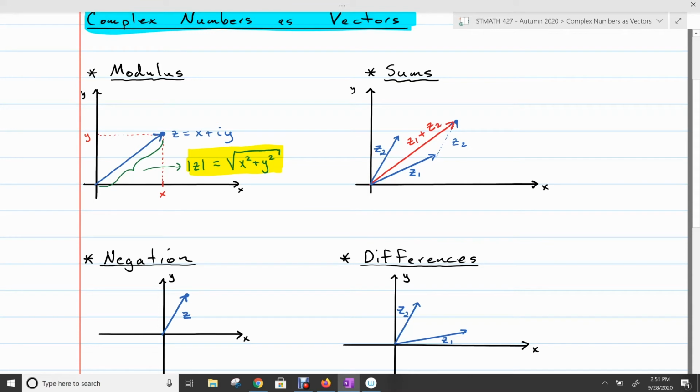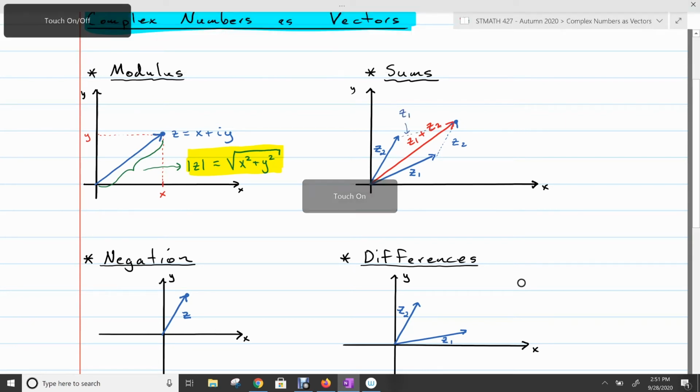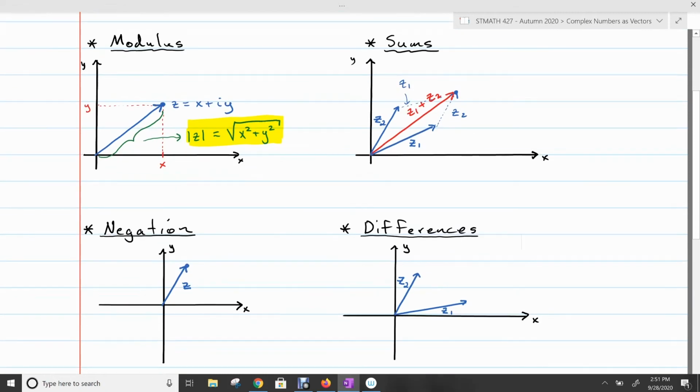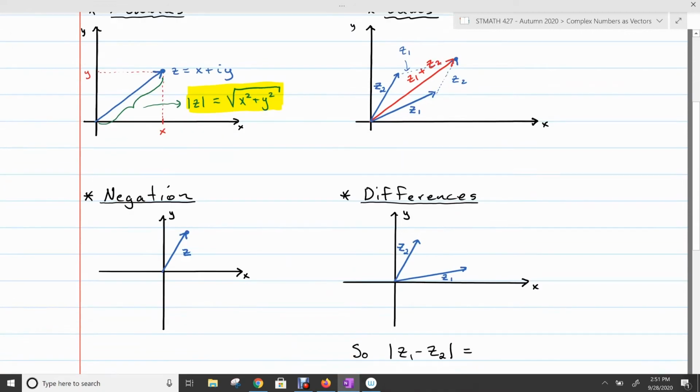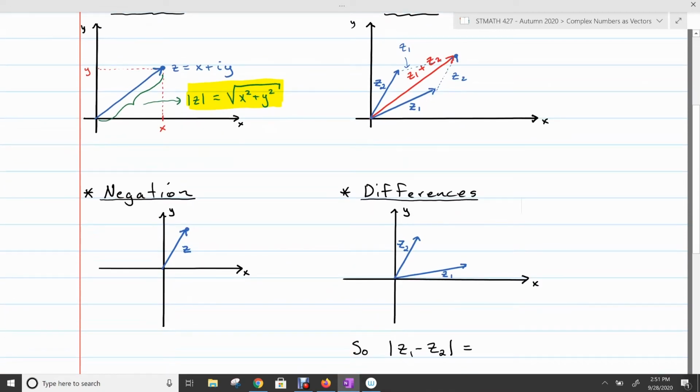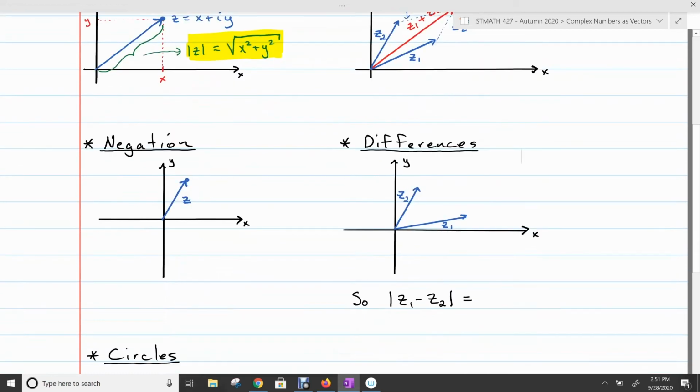You can also think of it as starting from the end of z2 and then doing z1 from there. Some people talk about the parallelogram rule, so the vector in red is the diagonal of the parallelogram spanned by z1 and z2. But for me, it's easier to think, just do z1, and then from the end of z1, do z2.